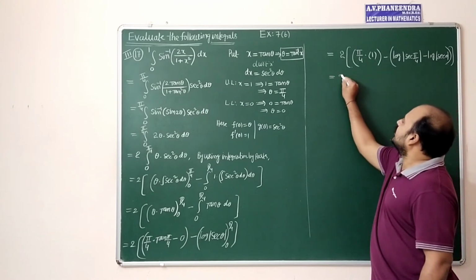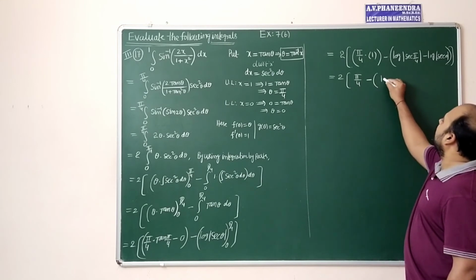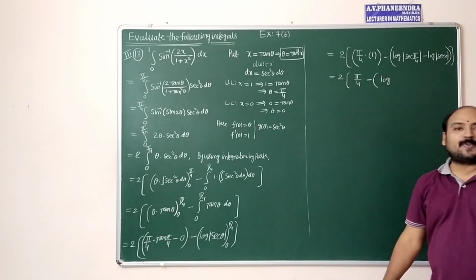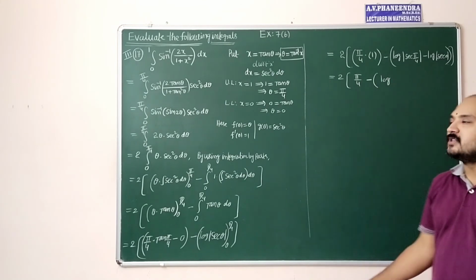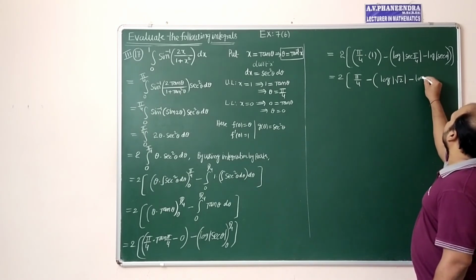which is equal to 2 into pi by 4 minus log secant pi by 4. Cos pi by 4 means 1 by root 2. Secant pi by 4 means root 2. Log root 2 minus log 1.